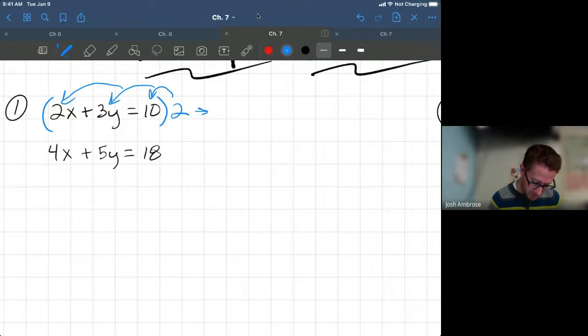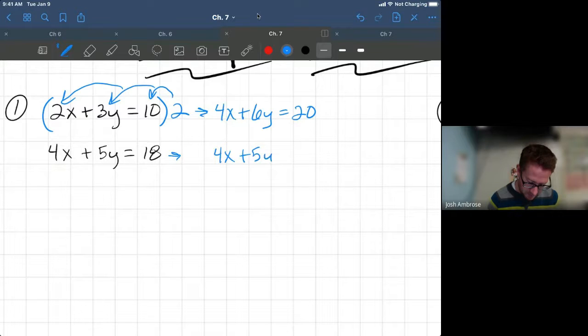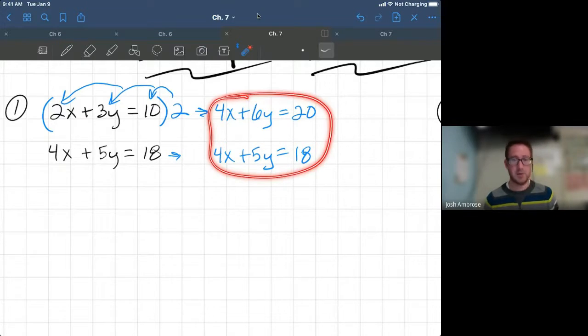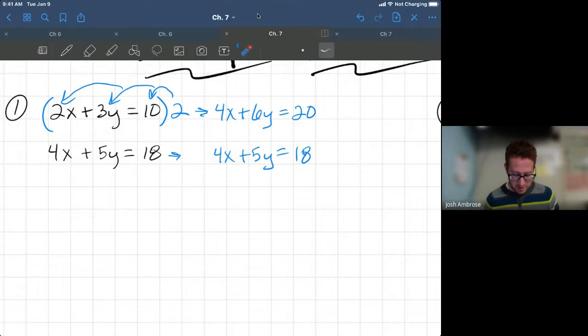So this will then become 4x plus 6y equals 20. We're going to still use the bottom equation because everything worked out there. We have the 4x now plus 5y, and that is still 18. Now you're looking at the 2 new equations we're working with, and we can use elimination with 4x and 4x.